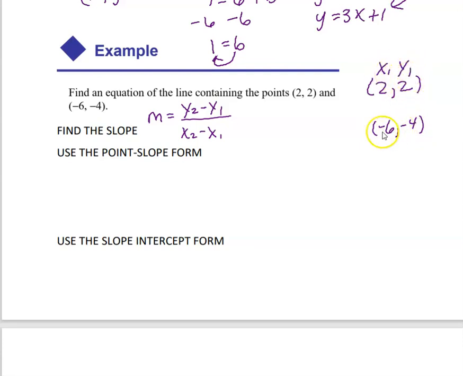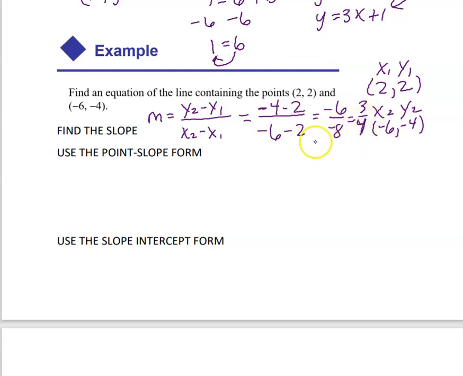I'm just going to pick. So we're going to say y2 minus y1, and then x2, which is negative 6, minus x1, which is 2. That's going to be negative 6 over negative 8, and if you reduce that, you get 3/4.